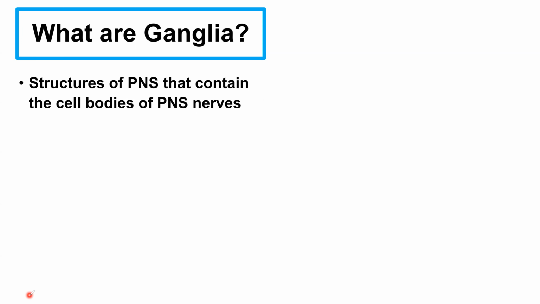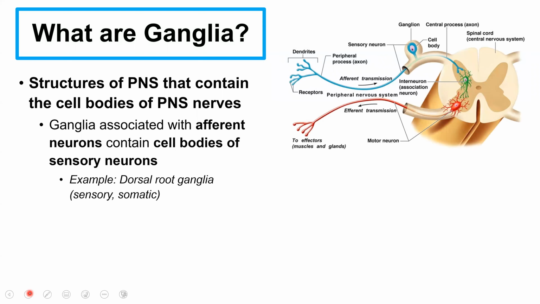Okay, and ganglia that are associated with afferent neurons are going to contain the cell bodies of those sensory neurons, of those afferent neurons.